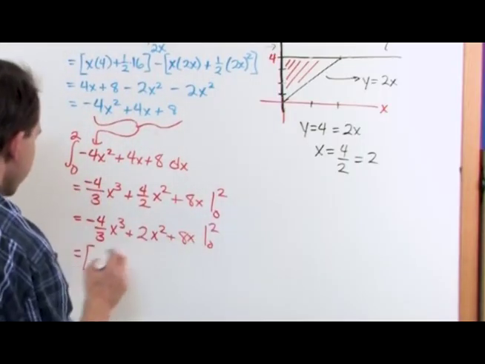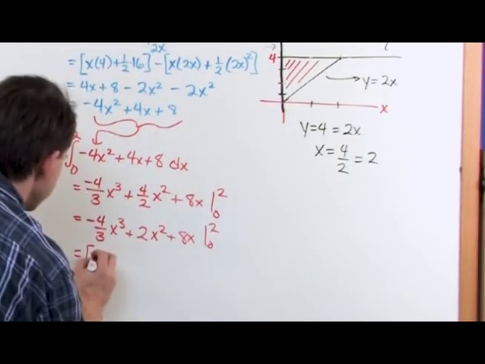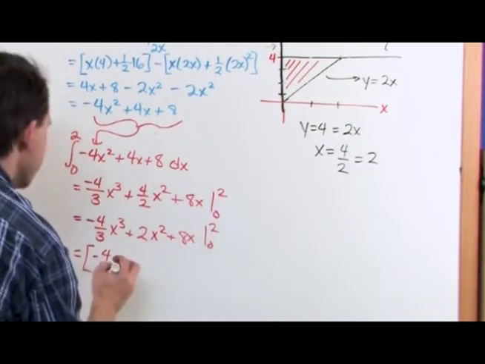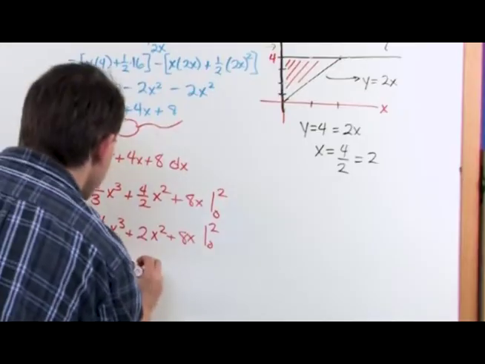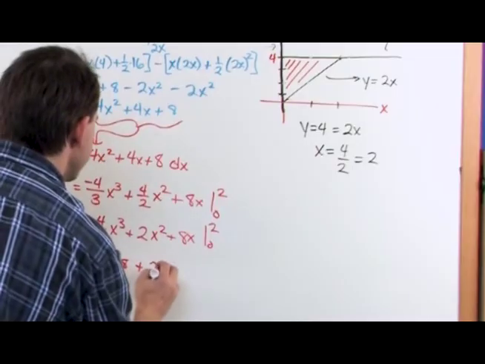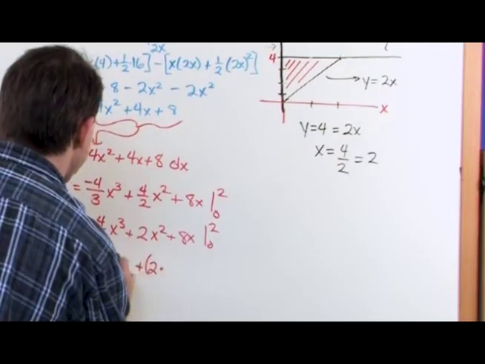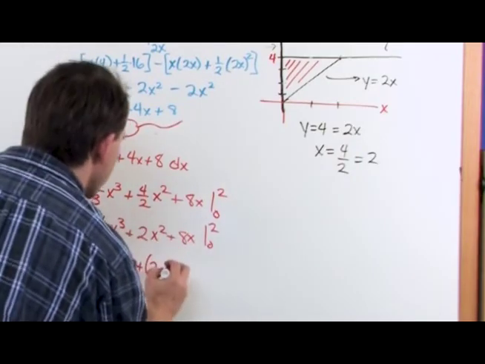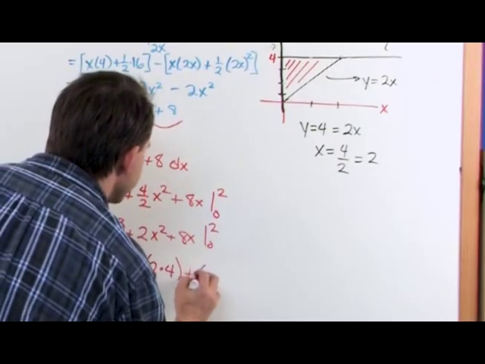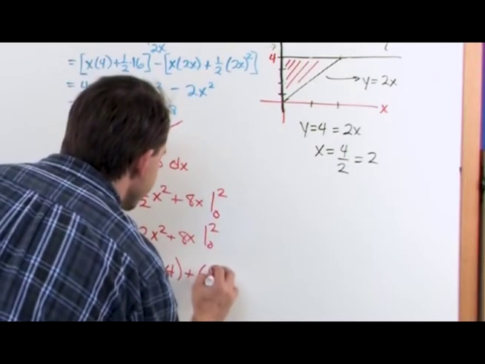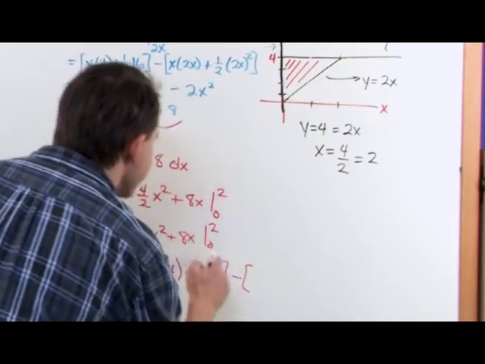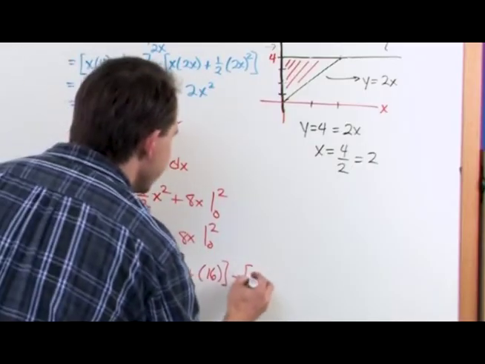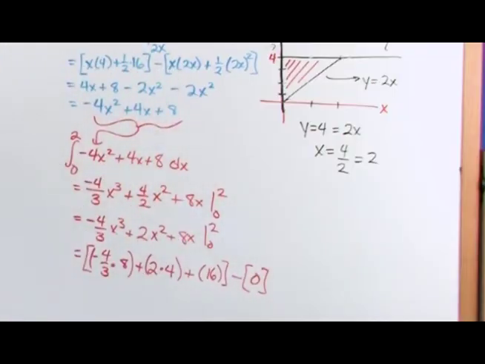Now, plugging in for 2, negative 4 thirds times 2 cubed is going to be 8, okay, plus 2 times 2 squared, which is going to be 4, plus 8 times 2, which is going to give me 16, minus, evaluating all this stuff at x equal to 0, is going to contribute nothing because it's just going to give me a big fat 0, okay?